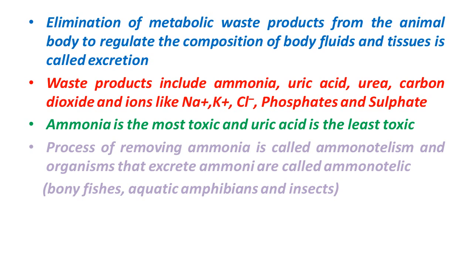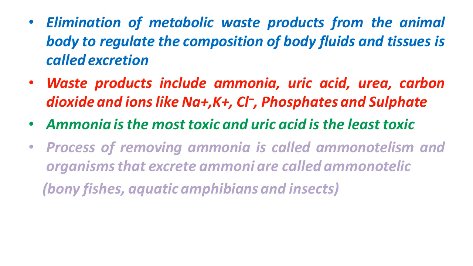Ammonia, as it is readily soluble, is generally excreted by diffusion across body surfaces or through gill surfaces, as in fishes, as ammonium ions. So it is important here that ammonia is generally excreted by diffusion across body surfaces or through gill surfaces. It is observed in fishes as ammonium ions. Kidneys do not play any significant role in its removal.